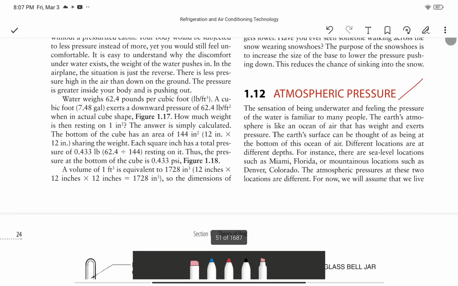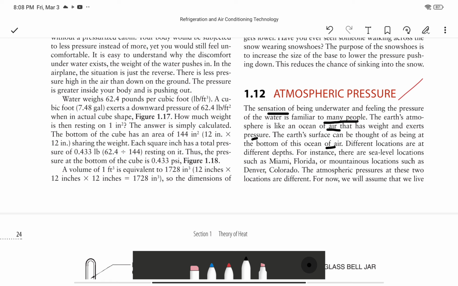The sensation of being underwater and feeling the pressure of water is familiar to many people. The Earth atmosphere is like an ocean of air that has a weight and exerts a pressure. The Earth's surface can be thought of as being at the bottom of this ocean of air.